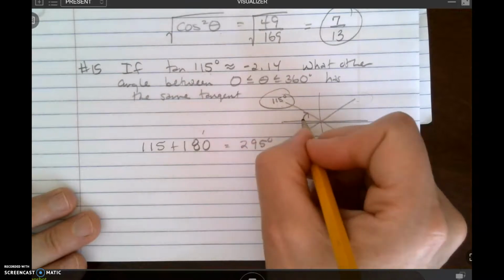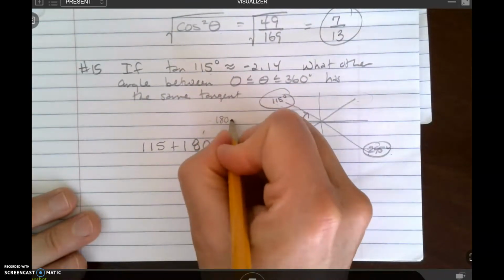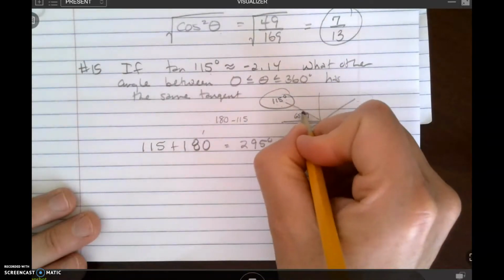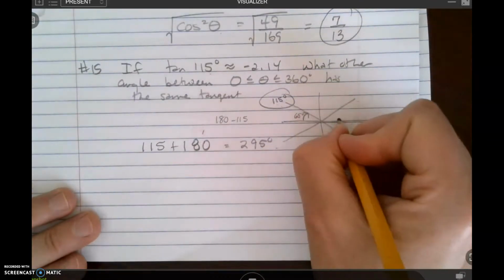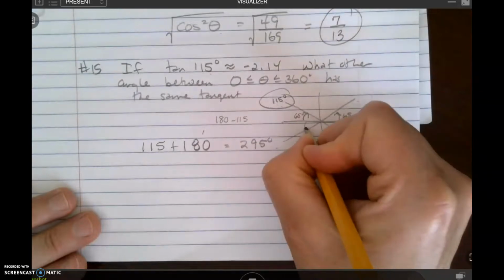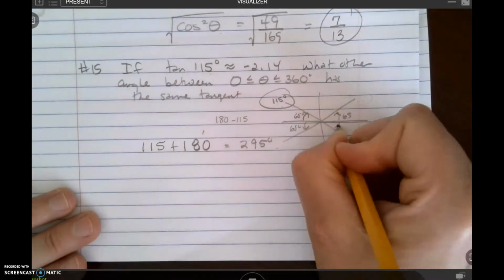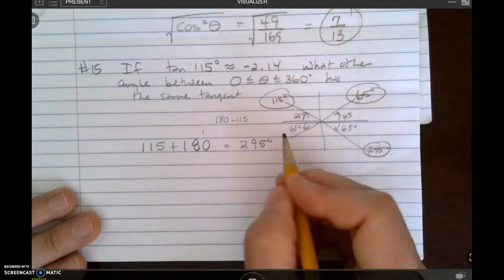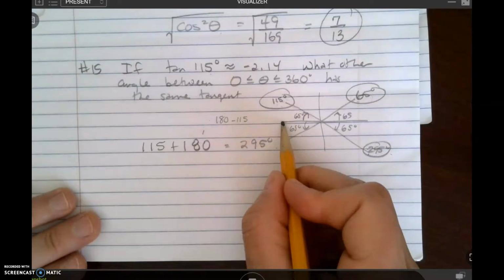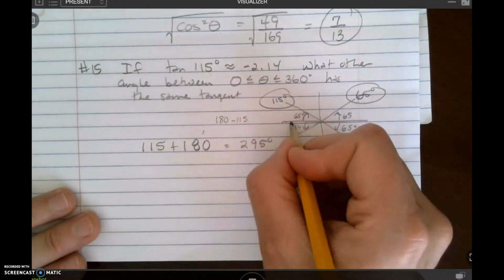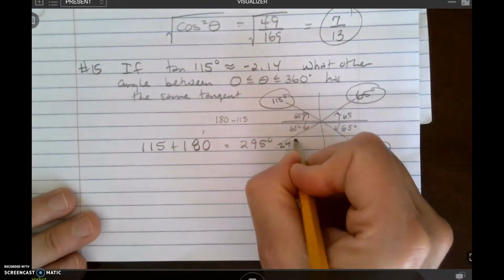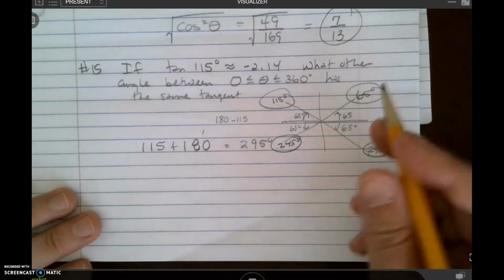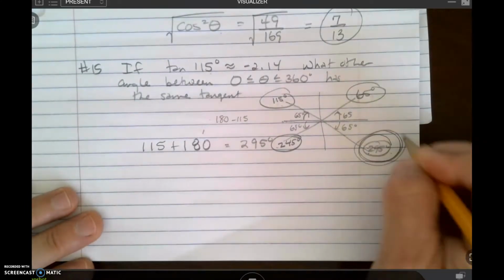So this reference angle is 180 minus 115, which would be a 65-degree angle, which makes this 65, this 65, and this 65. And right here would be 180 plus 65, which would be 245. But the one that has the same tangent as 115 is this one right here.